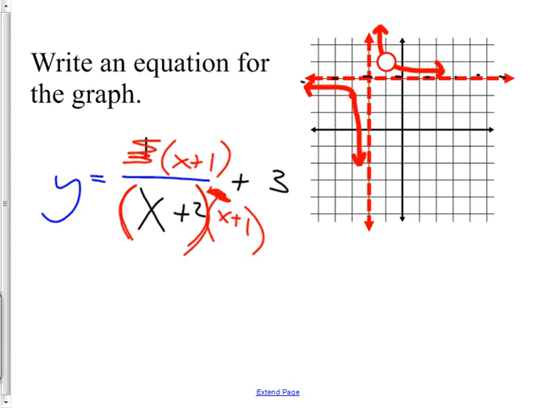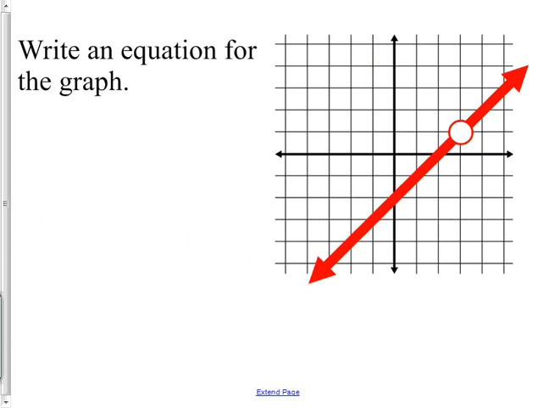Okay, so if they give you pictures, you've got to be able to make equations for them. Here's another picture. Make me an equation. This one. Here's what I would have done. I would have started with y equals, because that's how all equations start. And then I go, oh, this is one of those kind that has a y-intercept and a slope of 1.